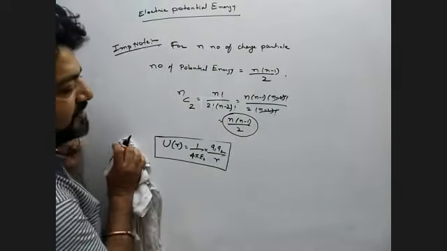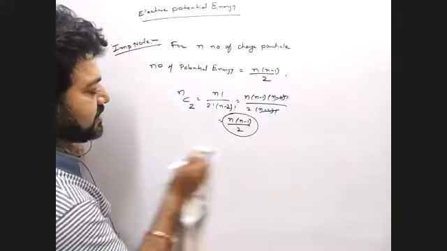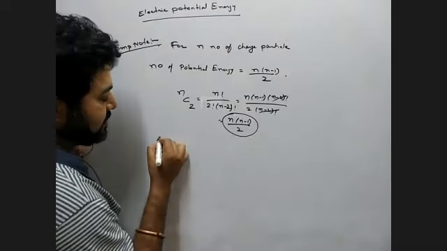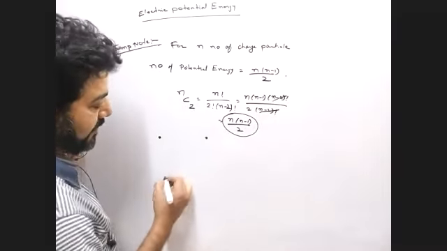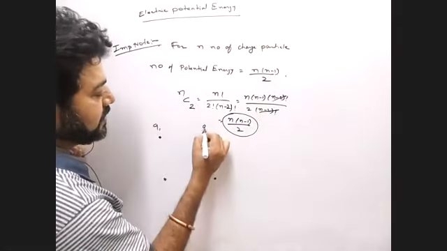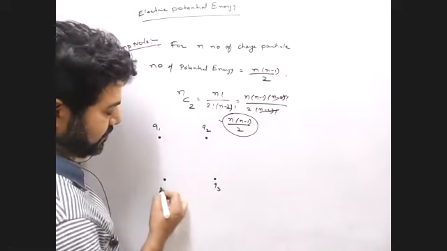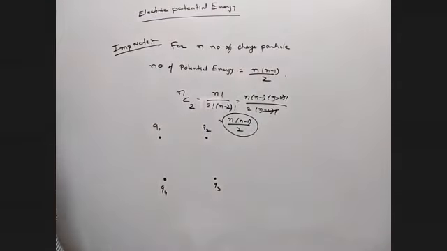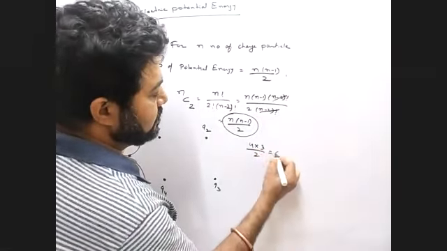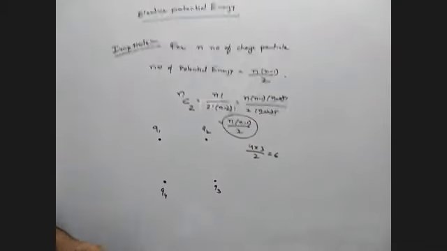If you have n number of charged particles, the number of potential energies is n into n minus 1 by 2. I can give you one example. Suppose you have 4 charged particles, Q1, Q2, Q3, Q4. So tell me how many potential energies are possible? 6. Because 4 into 3 by 2 is 6.